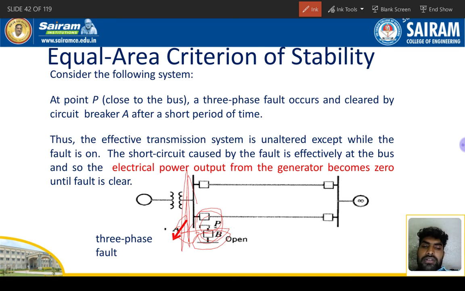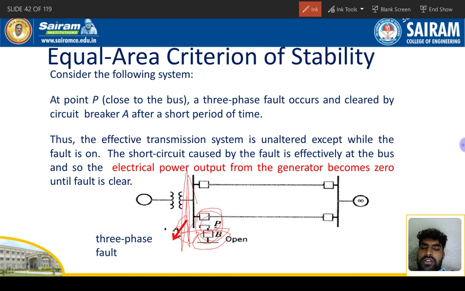Thus the effective transmission system is unaltered except while the fault is on. When the fault condition occurs, the transmission system is unaltered, because there is a heavy current flowing through the circuit, and damage will occur if you alter it.